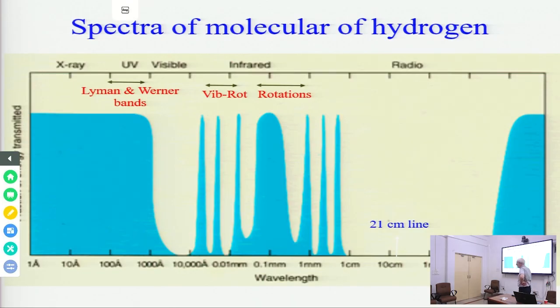The vibration rotations lie in the mid to near infrared, and the electronic transitions in the UV. So all of these actually have difficulties with observations, but for keeping H2, that is pretty difficult.